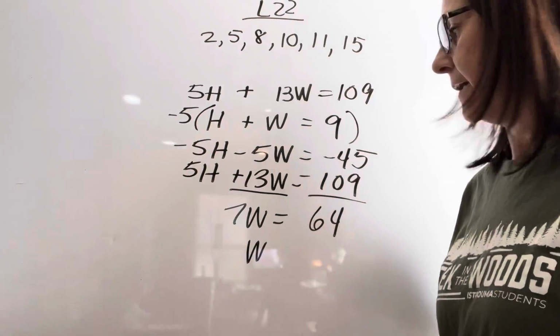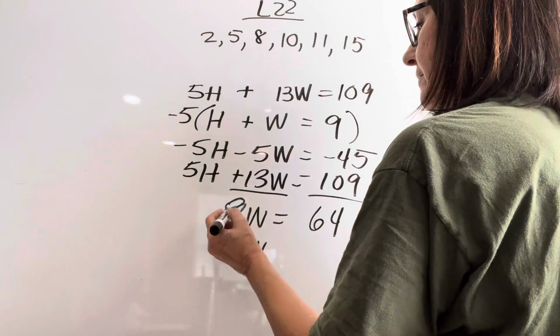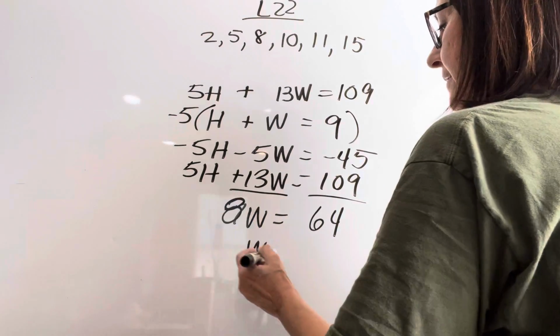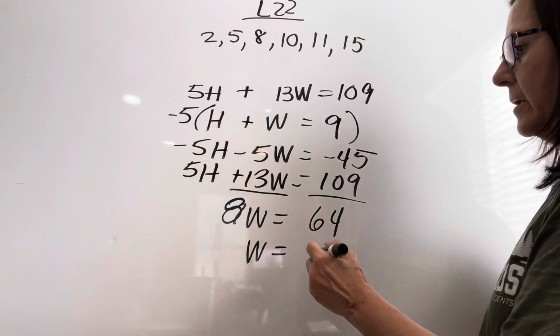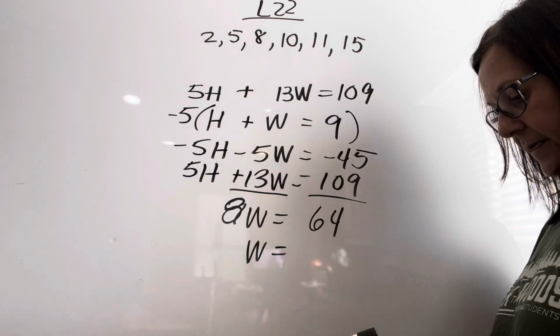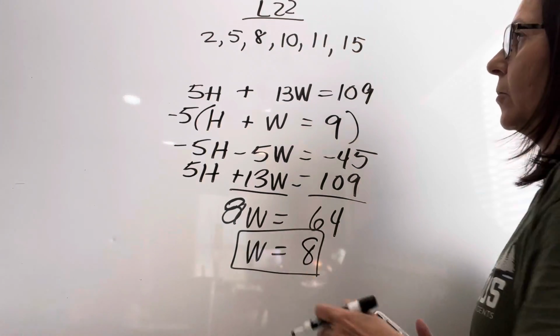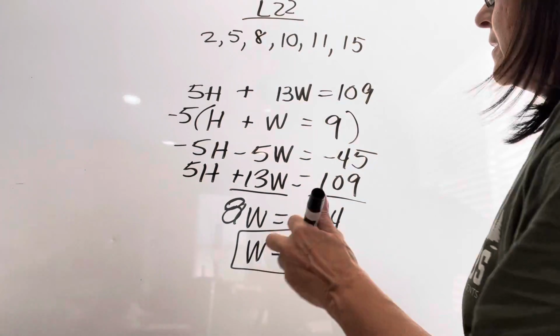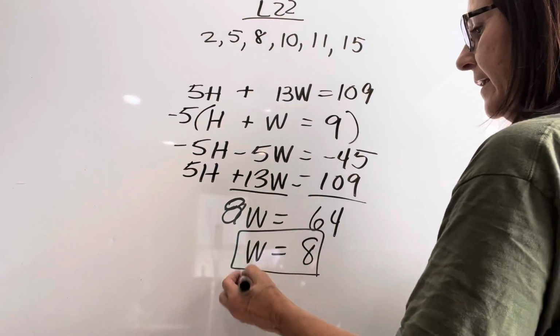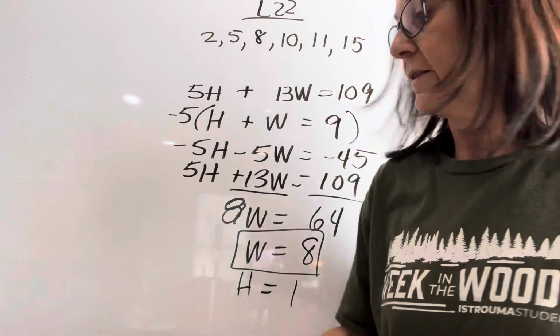That's 9. Nope, that's 8. 13 minus 5 is 8. So 64 divided by 8 is 8. Hello. 8 whortles. I should have known that. If I have 8, then I have one of the H's. All right, that's number 5.